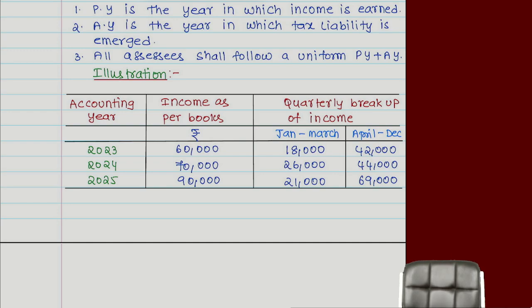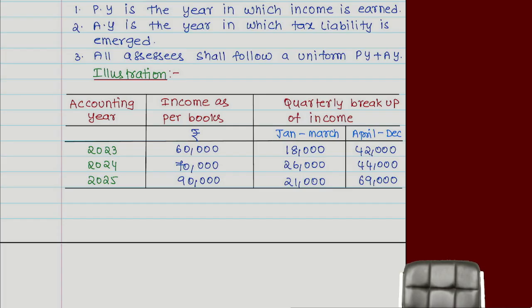Now please answer my question. What will be the previous year income of 23-24? Previous year 23-24 starts on? 1st April 2023, and from here it will start, up to December, up to March.